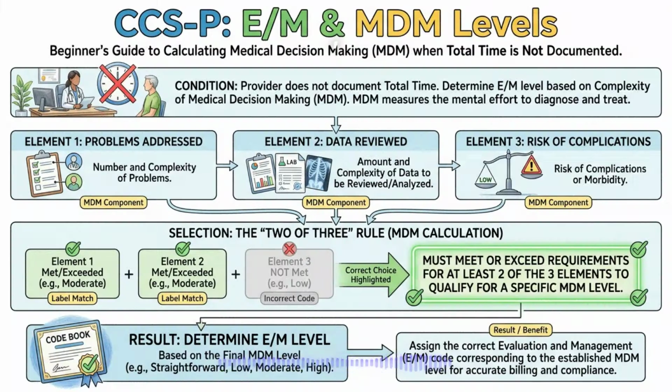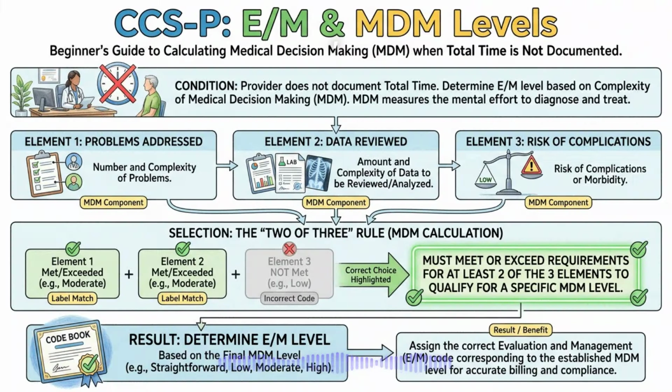Medical decision-making, or MDM, measures the mental effort required to diagnose and treat the patient. The MDM level is calculated by scoring three separate elements: the number and complexity of problems addressed, the amount and complexity of data reviewed, and the risk of complications or morbidity related to patient management.